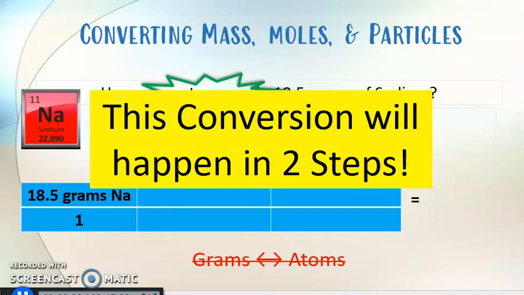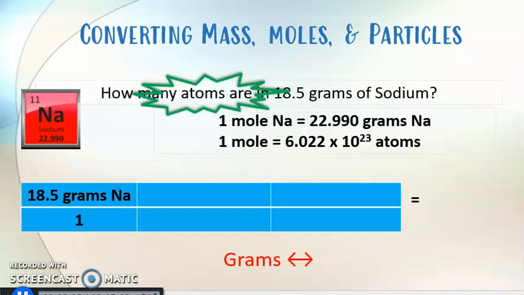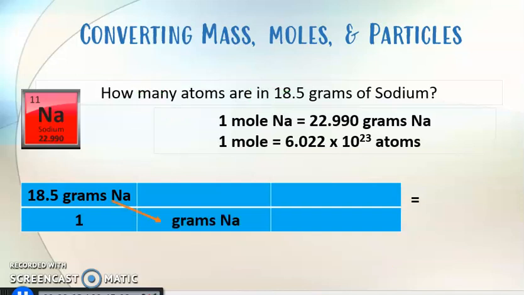So let's link both of these steps together. I know that I can go from grams to moles, and I know that I can go from moles to atoms. So let's just take 2 steps to get to where I need to go. I know that grams needs to cross down to the bottom of the next box in order to cancel out.